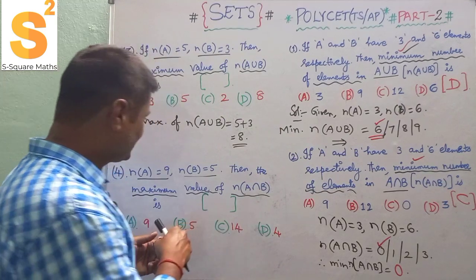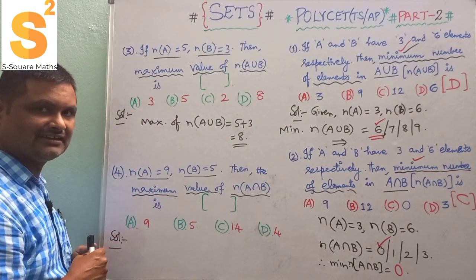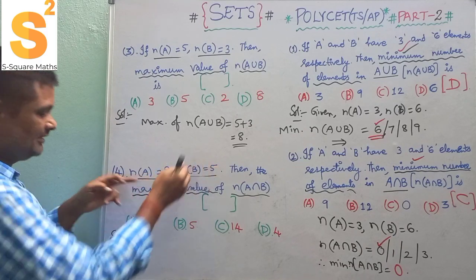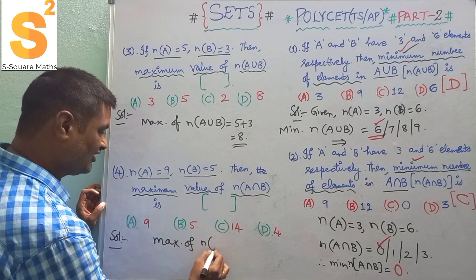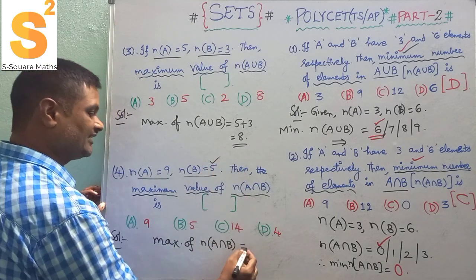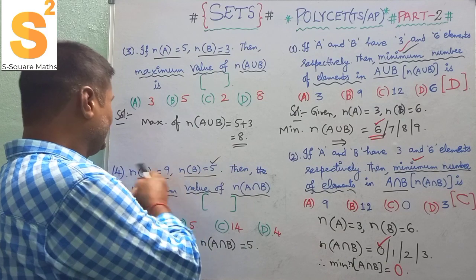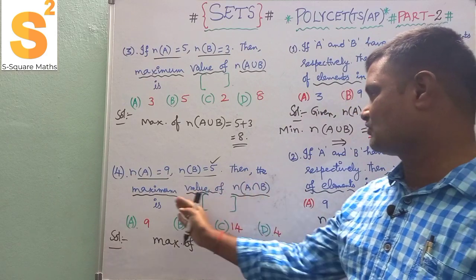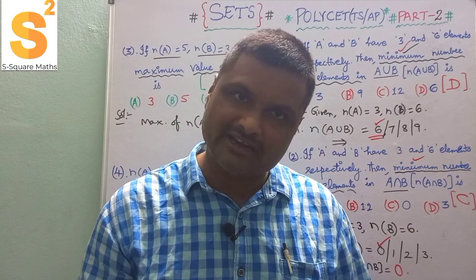Suppose they are not disjoint: next 1, 2, 3, 4 and 5, because these 5 elements can be contained in the other set also. So the maximum of n of A intersection B is 5. The elements of set B can be contained in this set, since the question is the maximum value of n of A intersection B, and by definition the intersection is the set of all common elements.